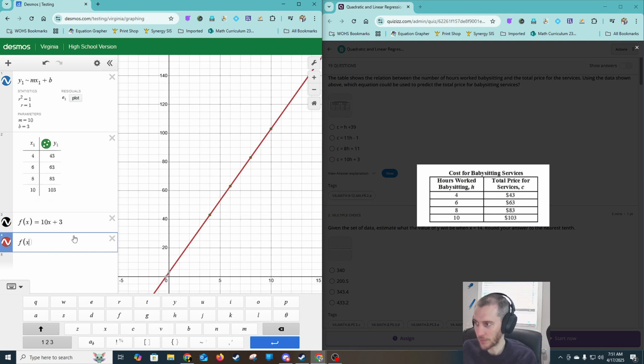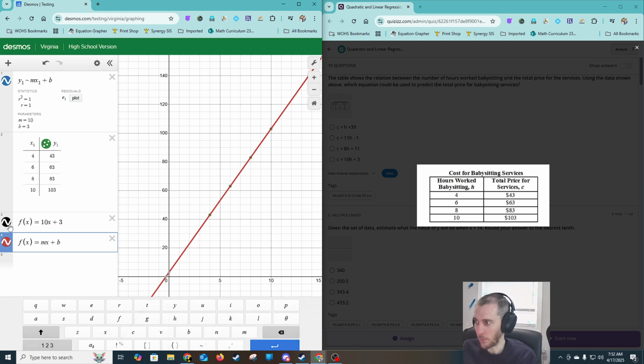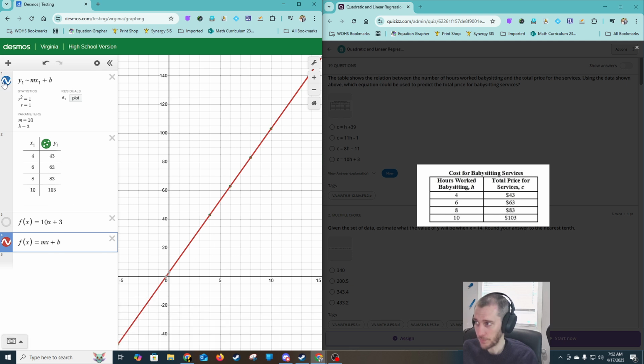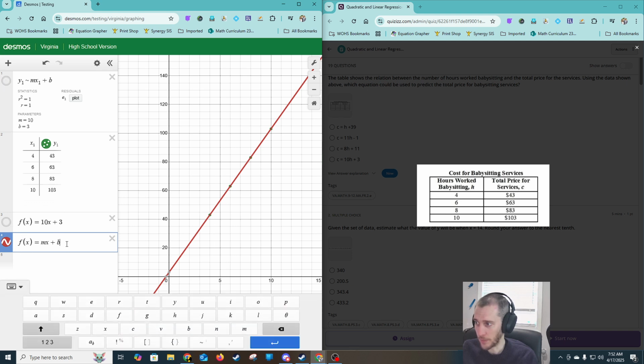Remember that if you're trying to type something in to evaluate, you could just do mx plus b. And that will also put this line up there. So you can just keep it generic once you set this up. Just keep it generically as mx plus b, but this is the equation.